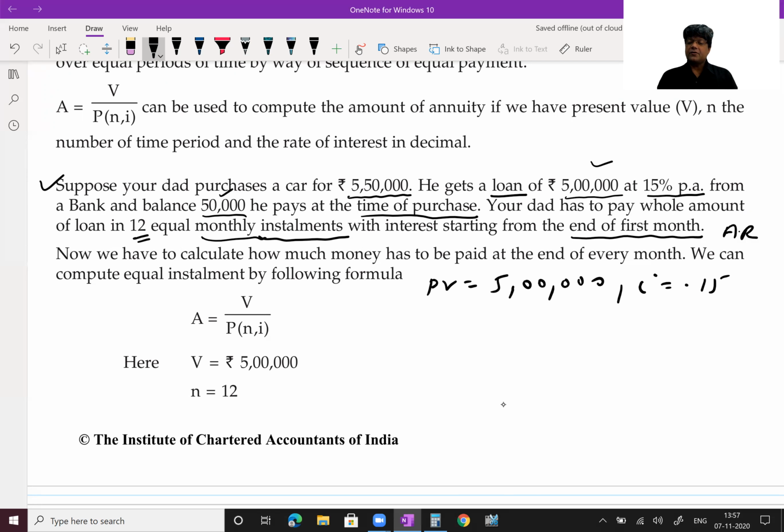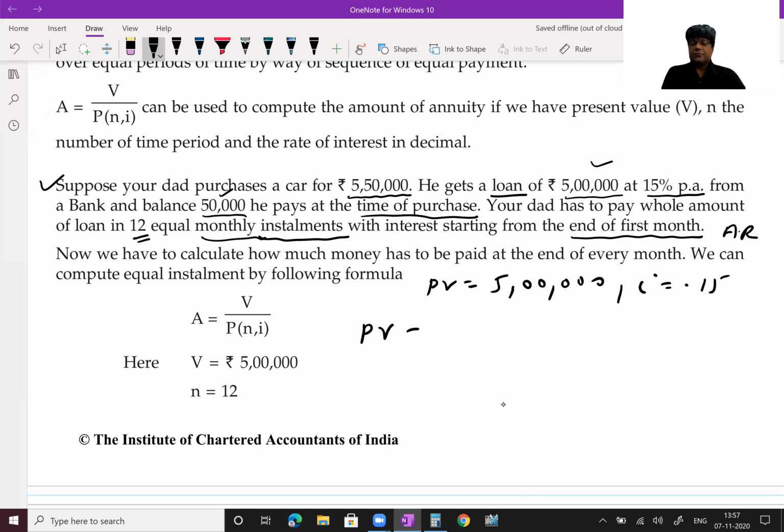And your dad has to pay the whole amount of loan in 12 equal monthly installments. Guys, 12 monthly equal installments. Here, how many installments? 12. So actually here you will have to use the K factor formula.